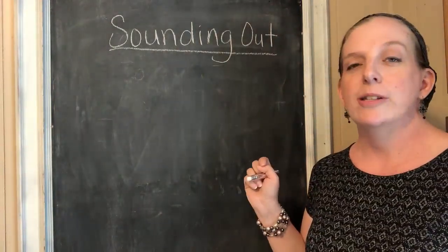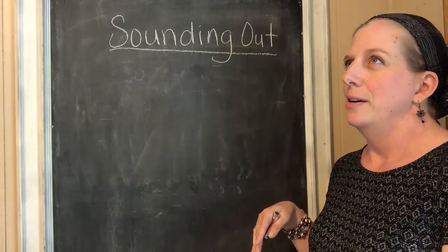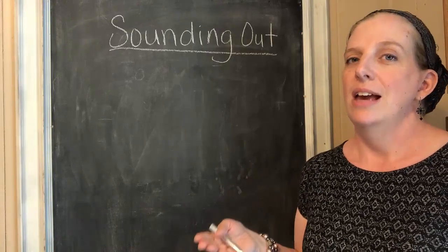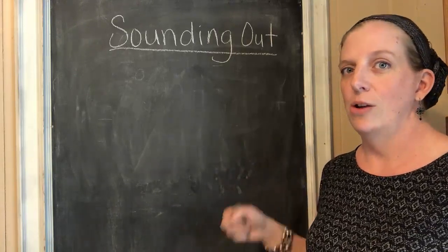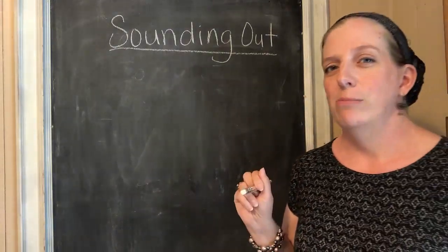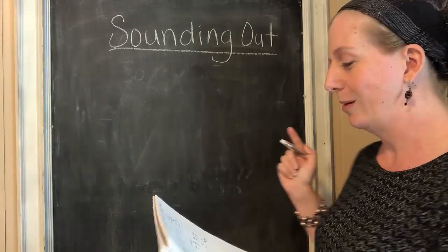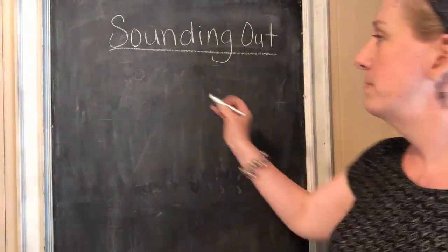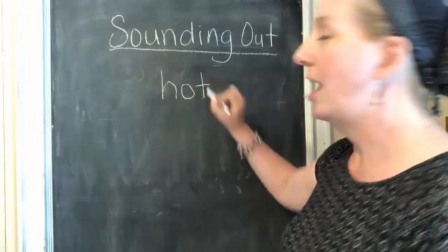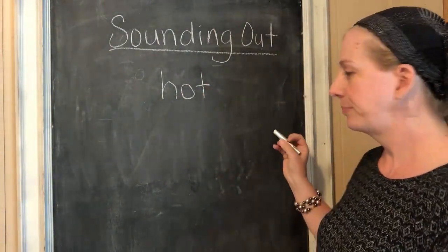I'm going to put up some words that actually make English sounds, because we are familiar with those. And then I'll conclude by showing you how it would look in an actual Hebrew word. So if you actually know Hebrew already and you're watching, this is not a Hebrew word, not the way we're doing it. So I'm going to sound out the English word hot, but we're just going to use Hebrew letters.